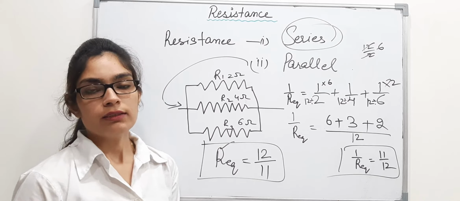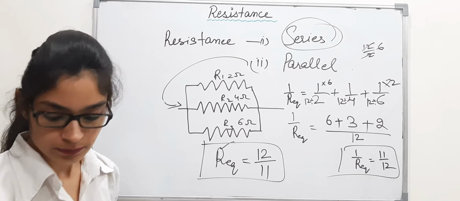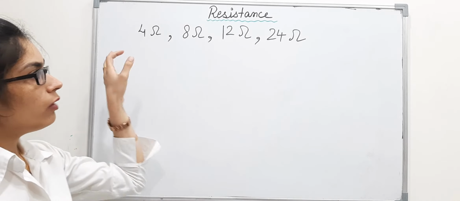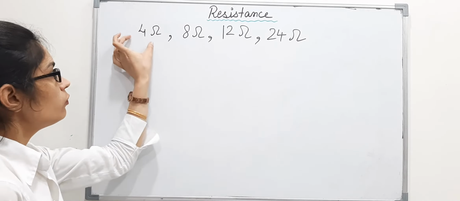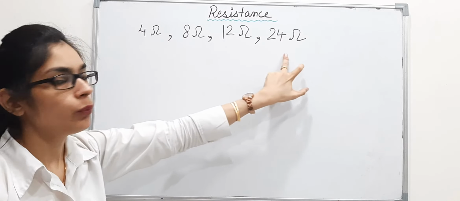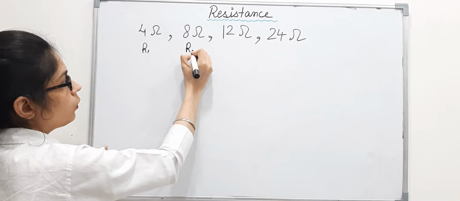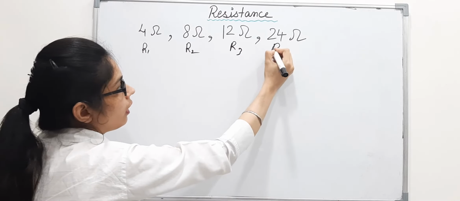Now let's discuss one more example of series and parallel combination. So now I have 4 resistances. You can see 4 ohm, 8 ohm, 12 ohm and 24 ohm. Let's name these R1, R2, R3 and R4.